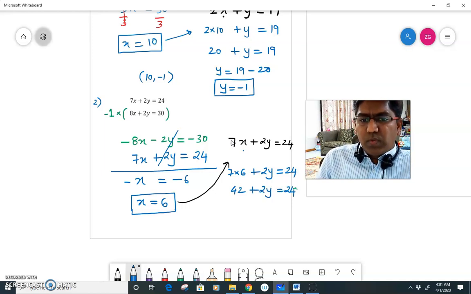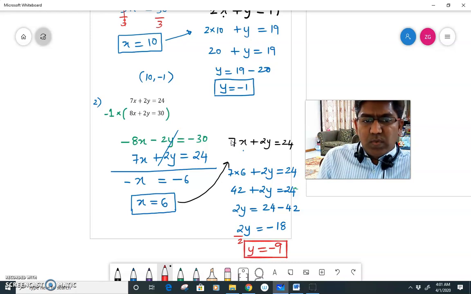So shift 42 to the right hand side. So I'll get 2y equal to 24 minus 42. So I get 2y equal to negative 18. You divide both sides by 2. I'll get y equal to -9. So this is my answer for these two equations. If I write it as an ordered pair, I'll get 6, -9.